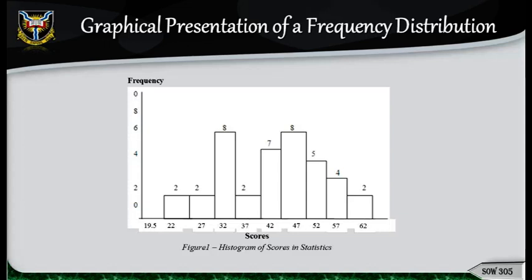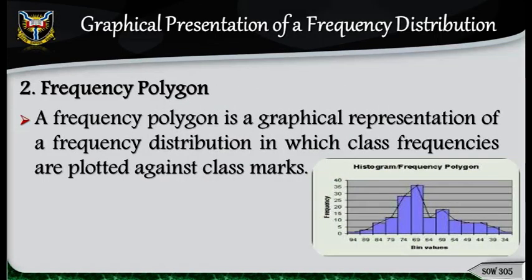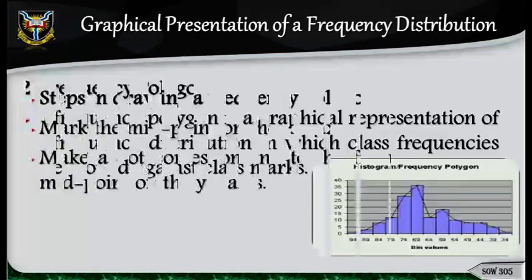Since the intervals are continuous, the vertical bars must touch each other. 2. Frequency polygon. A frequency polygon is a graphical representation of a frequency distribution in which class frequencies are plotted against class marks. These are then joined by straight line segments.